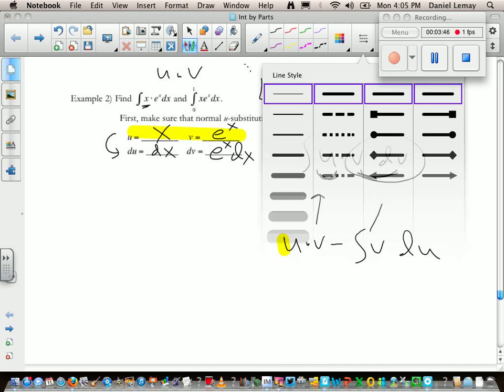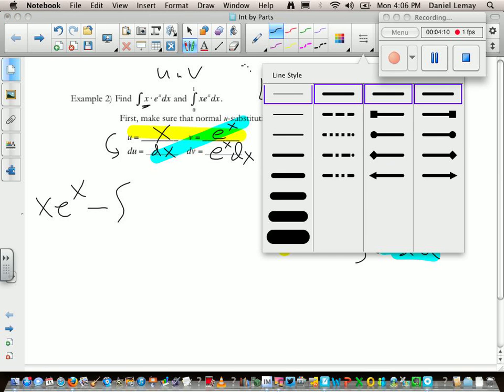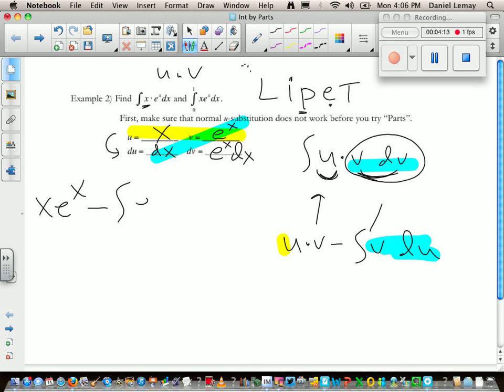So it's x e to the x minus the integral. These two here come from this part. You multiply those two across the table. So that's e to the x dx.